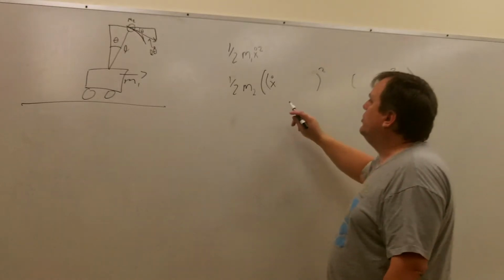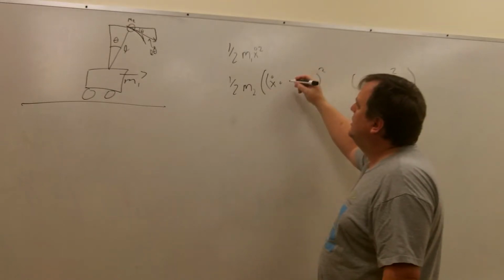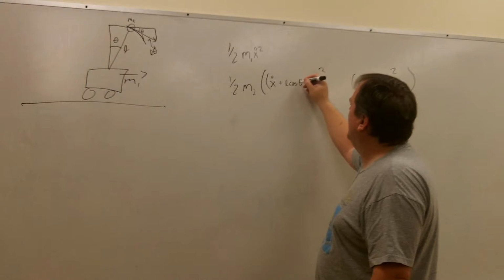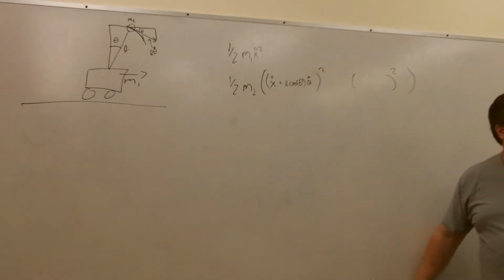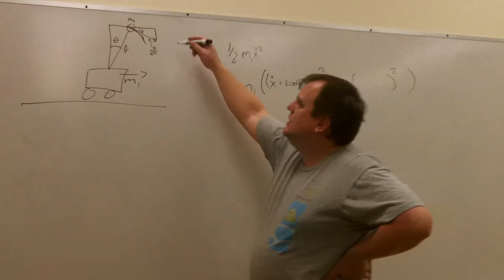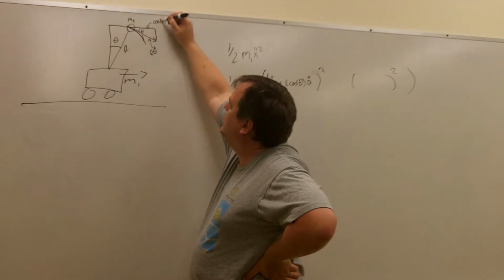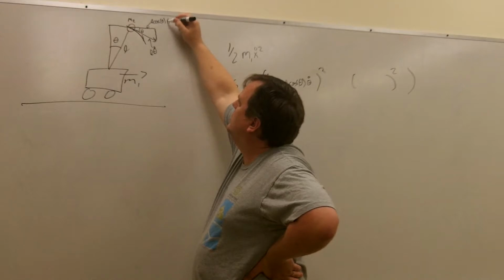So when you look at it in the x direction, I've got to add on L cosine theta times theta dot. That's just this side, cosine theta, times this side, which is just L theta dot.